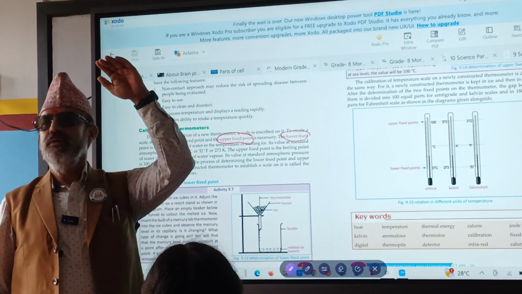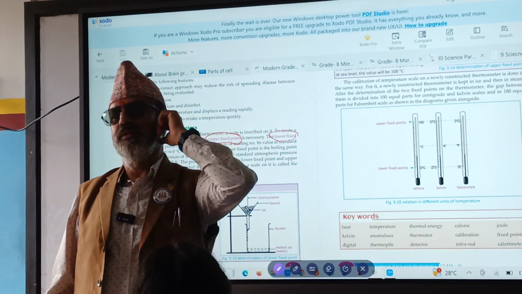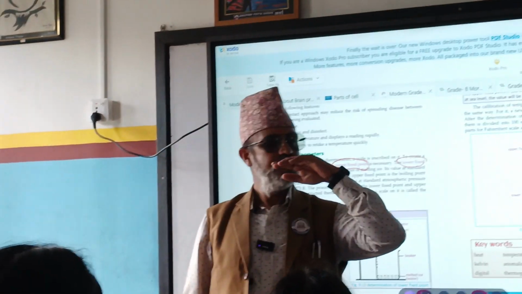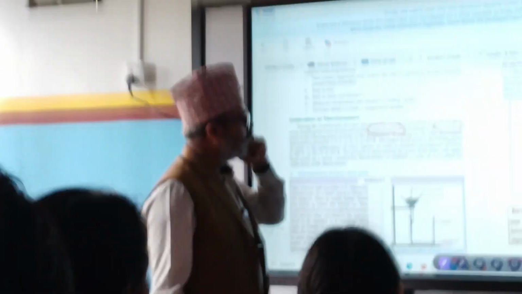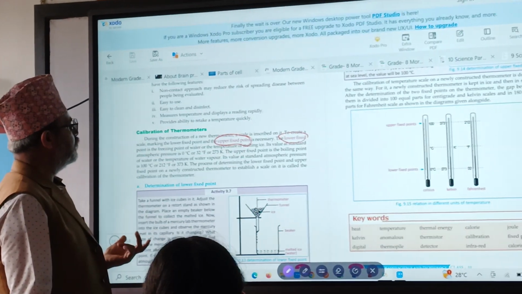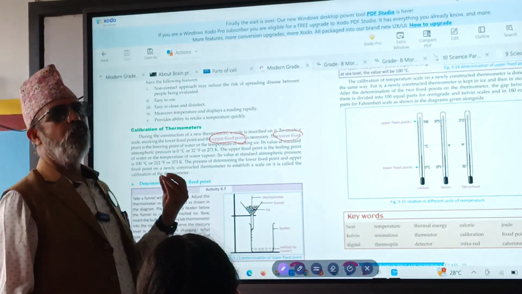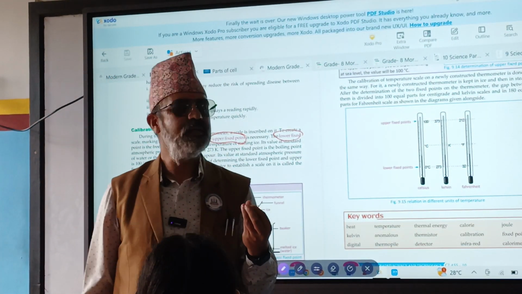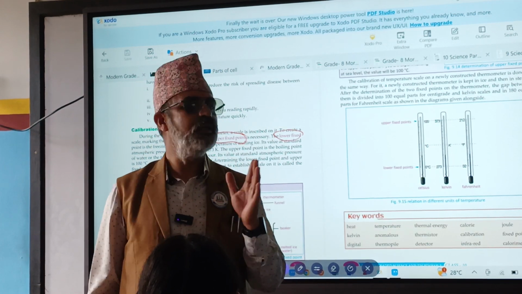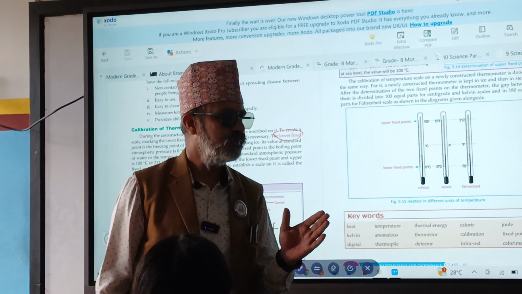Upper fixed point. What do you mean by upper fixed point? The upper fixed point is defined as the boiling point of water at normal atmospheric pressure or normal conditions.